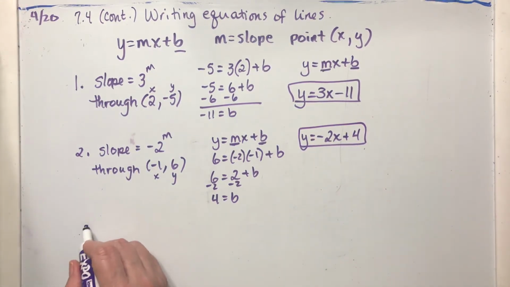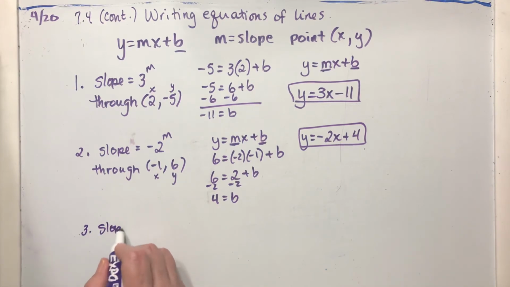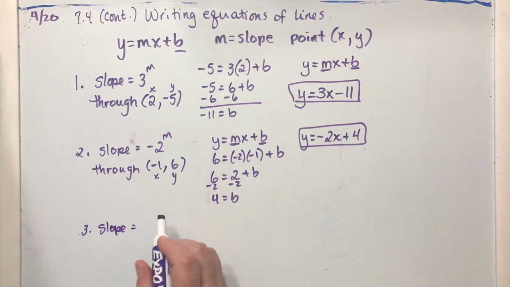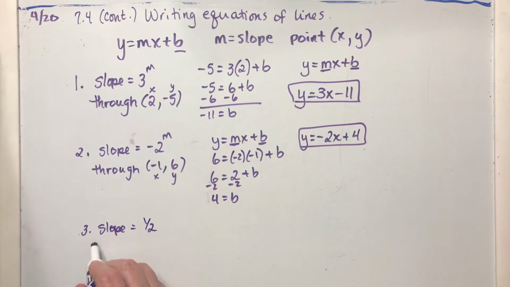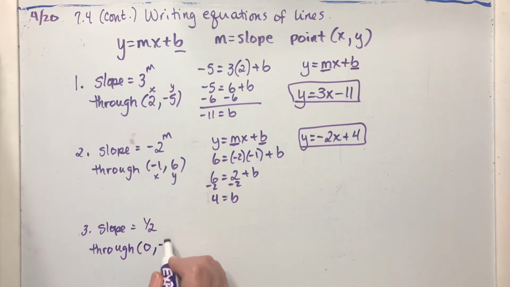One more example with a fraction, because I love fractions. What if the slope is a half, and it goes through the point 0, -3.